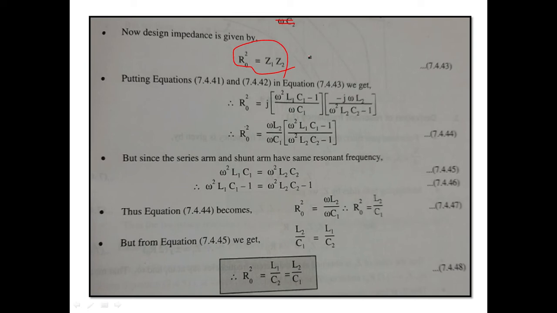Once we put them, R0 square is equal to j (omega square L1 C1 minus 1) upon omega C1, into minus j omega L2 upon omega square L2 C2 minus 1.